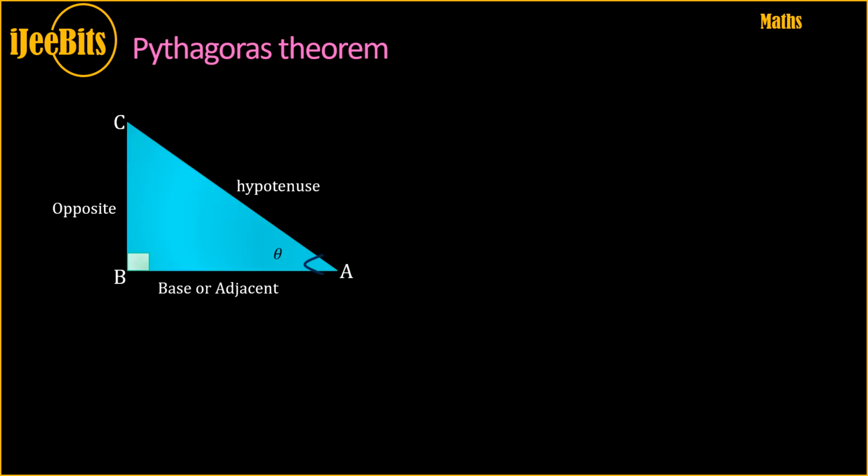Let's look at this now. What we can do here is construct a small right angle triangle, and when I say right angle triangle, this must be 90 degrees. Maybe you can give sides like 6 and 8, and then tell me how much this one is.